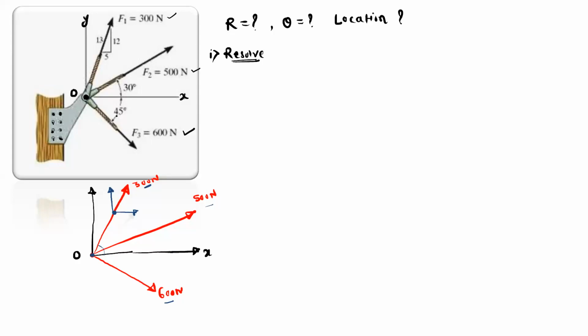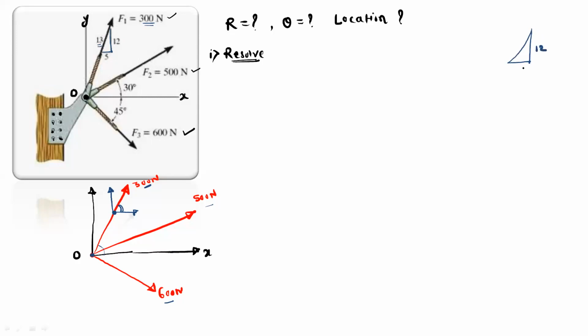Now here the angle for 300 Newton is not directly given. So what is given? The dimensions of the triangle along the line of action are given. Here this is 12, this is 5, and this is 13. So this is basically a right angle triangle.